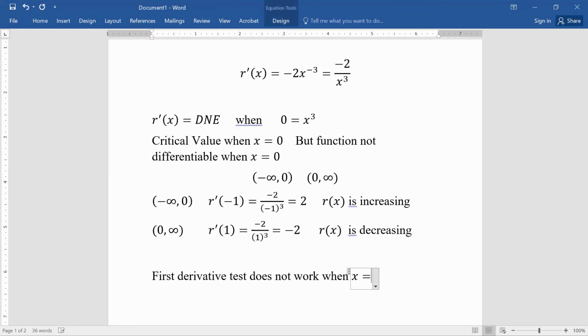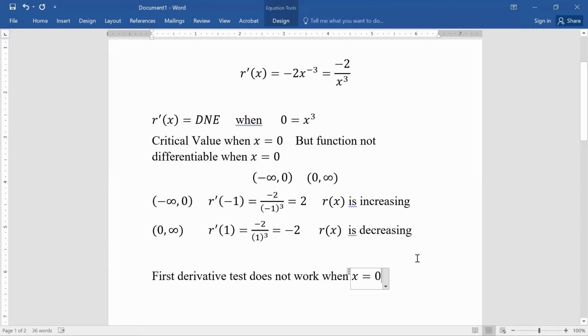If we're not differentiable, then the first derivative test does not work. So be careful about that. A lot of times people will say, oh, we're increasing on one side, we're decreasing on the other, therefore it must be a maximum. But in this case, it's not a maximum because that's where we get an asymptote.